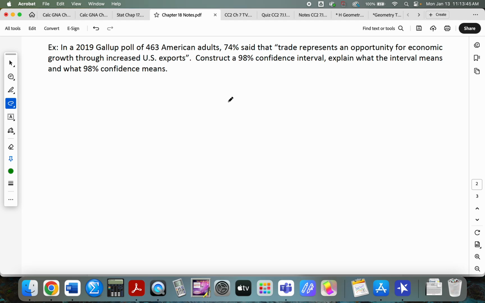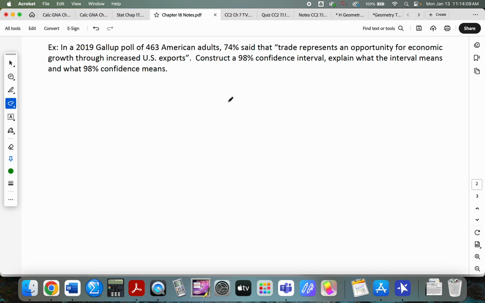If I did it a second time, I'm going to get a different confidence interval. So it's just for that one specific sample, that one group of 50. Yeah.